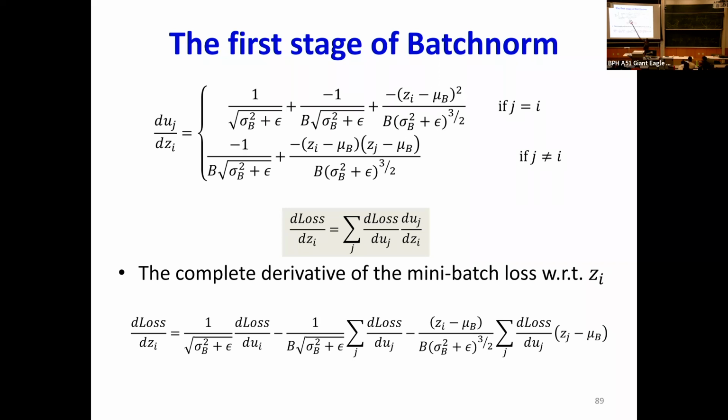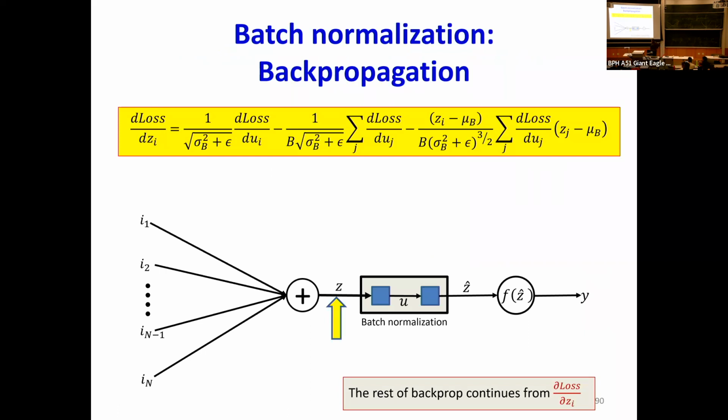The zi minus mu b is common to both, so I pull it out, and the denominator is common. And the summation is going to be d loss over duj times zj minus mu b. So at this point, you have to trust the formula, but if you work it out, it's fairly straightforward, nothing complicated. And then once you compute that, you get the derivative with respect to the loss, and that goes back, right? That can be backpropagated.